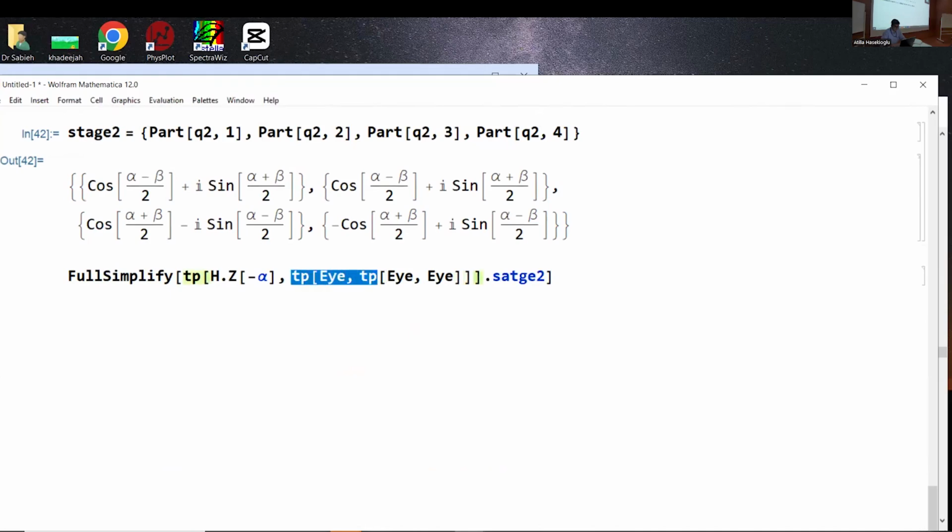I just have 2 qubits left. I do nothing to the last qubit.